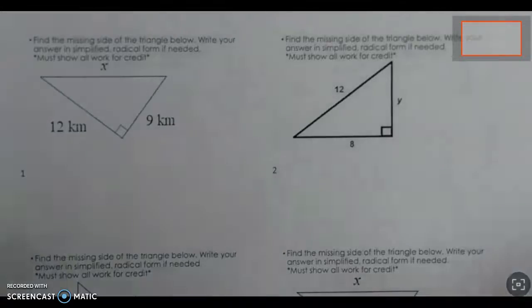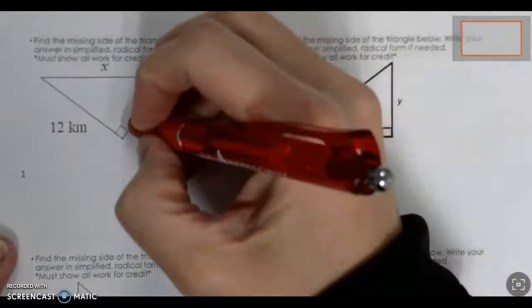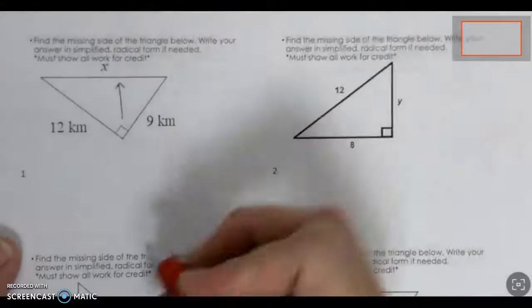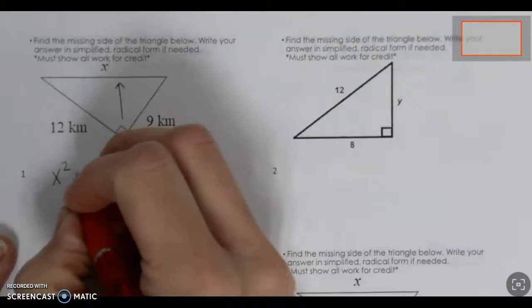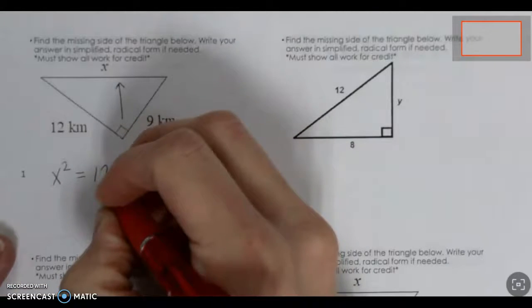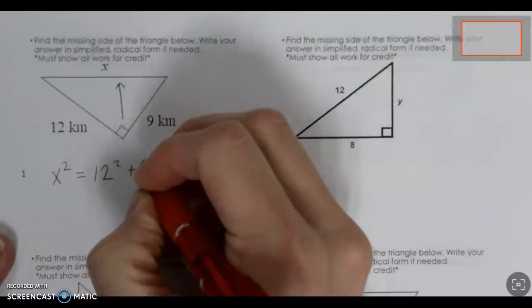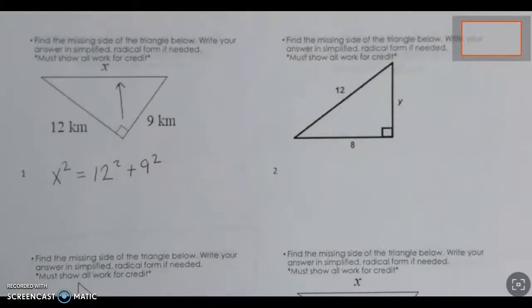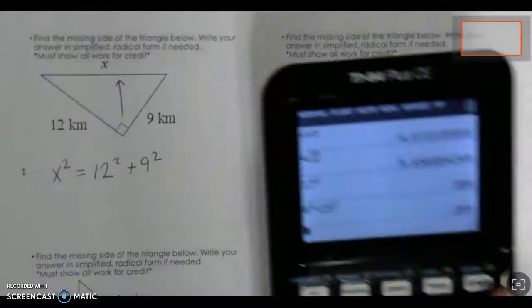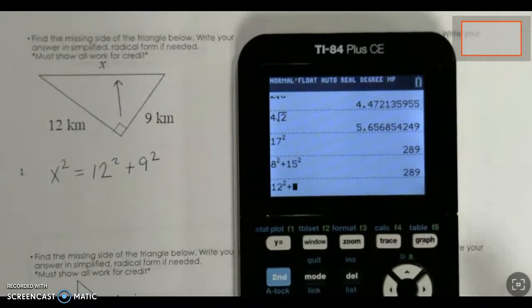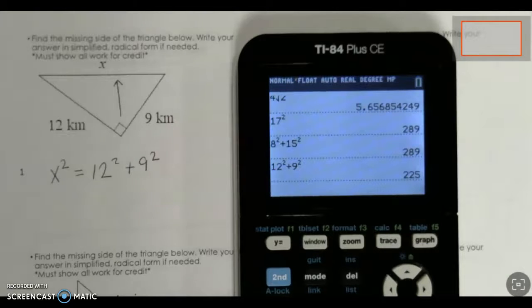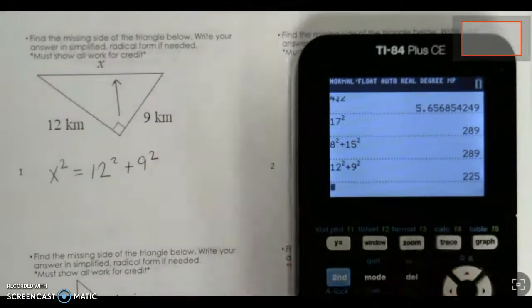For our first example here, we're going to do across from the 90. We're going to put that x first. So here we go, x squared is equal to 12 squared plus 9 squared. And then I'm going to grab my calculator and type in that 12 squared plus 9 squared. So that's 225.